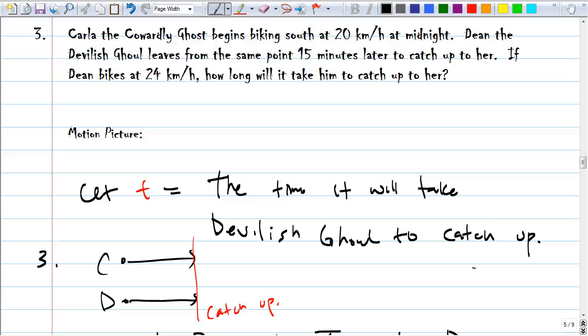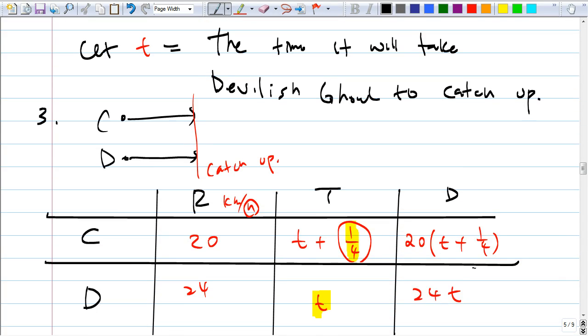Could we use 15? You have to use 1/4. Do you see why, if I let t be the time it takes Dean to catch up with her, the time for Carla is going to be t plus 1/4, because Carla should be on the road 15 minutes more than Dean, correct? Because Dean leaves 15 minutes later.